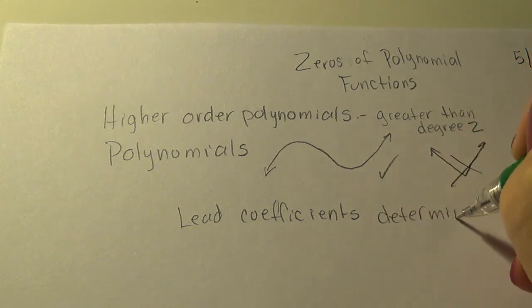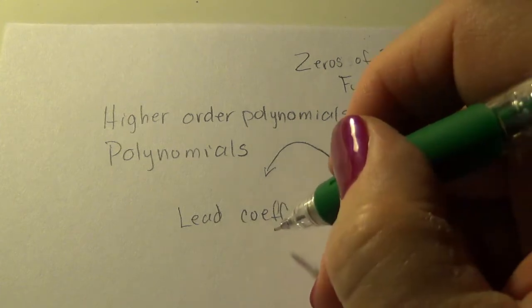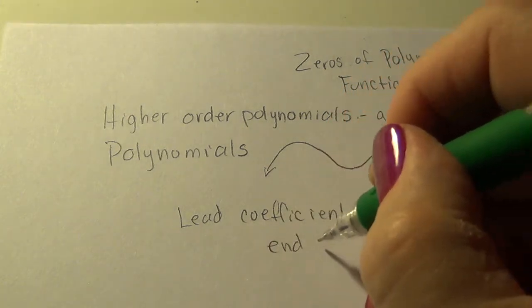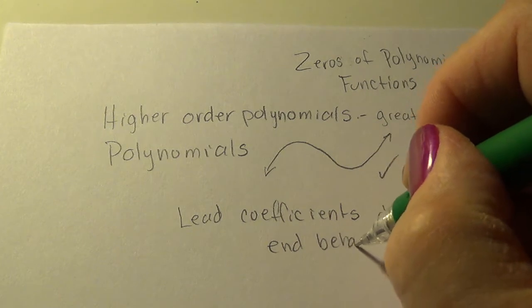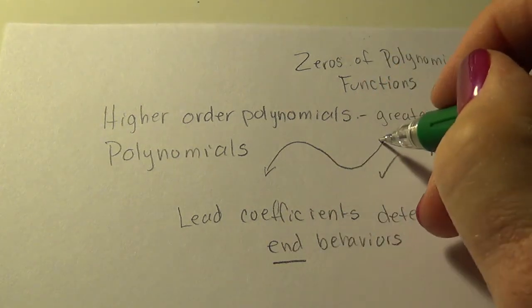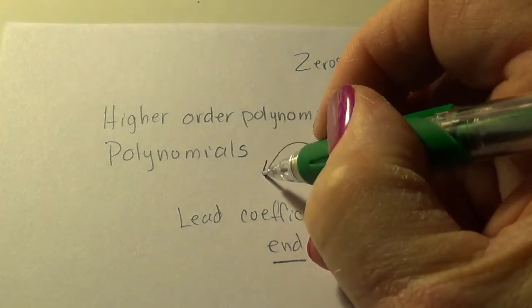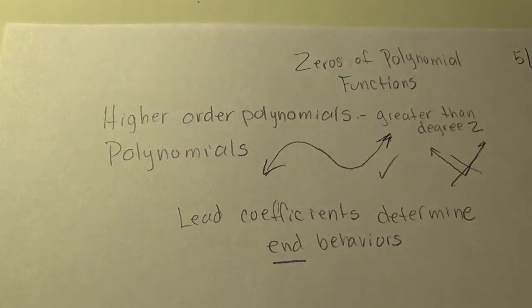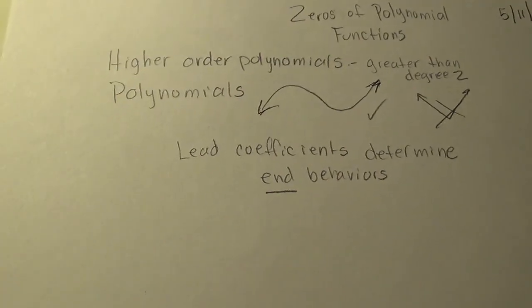Lead coefficients determine end behaviors. When I say end behaviors, what is this function doing at one end and what is it doing at the other end?